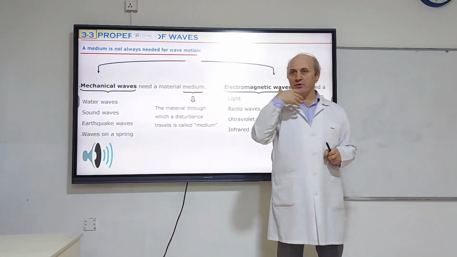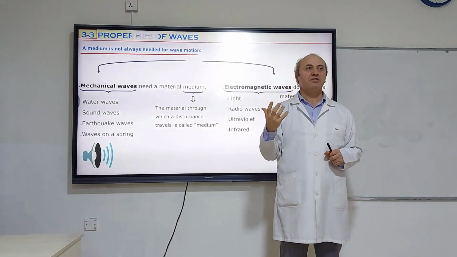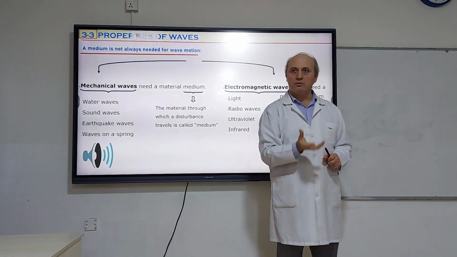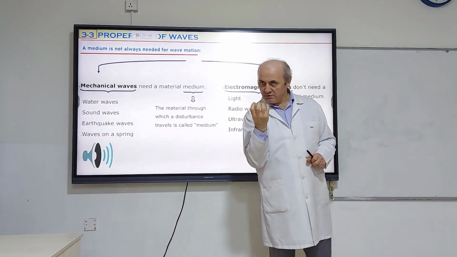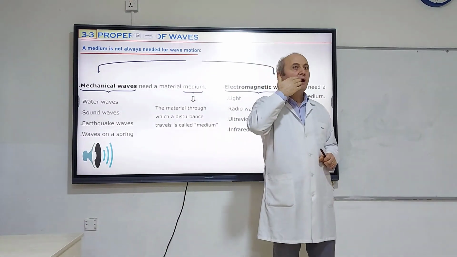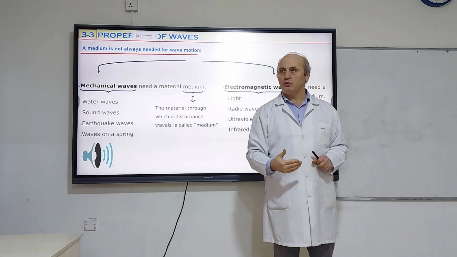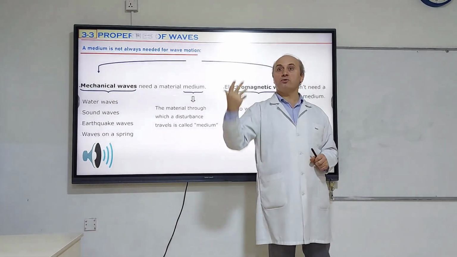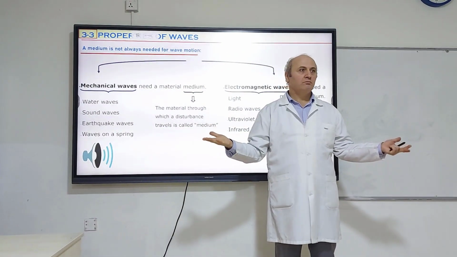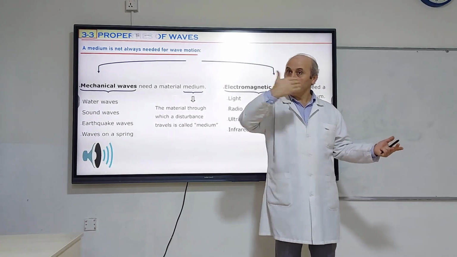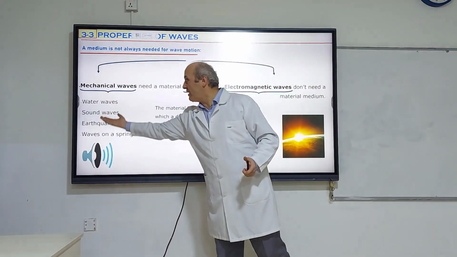My sound now arrives in your ear, so we need a medium. Air molecules are the medium. This way, my sound can reach you. If I try to talk to you in free space, you cannot hear me because there's no medium. So mechanical waves need a medium.